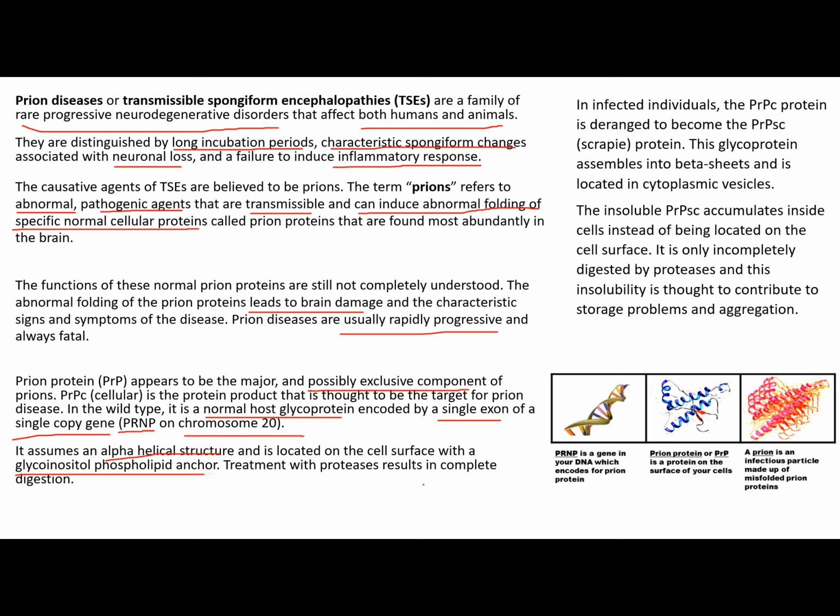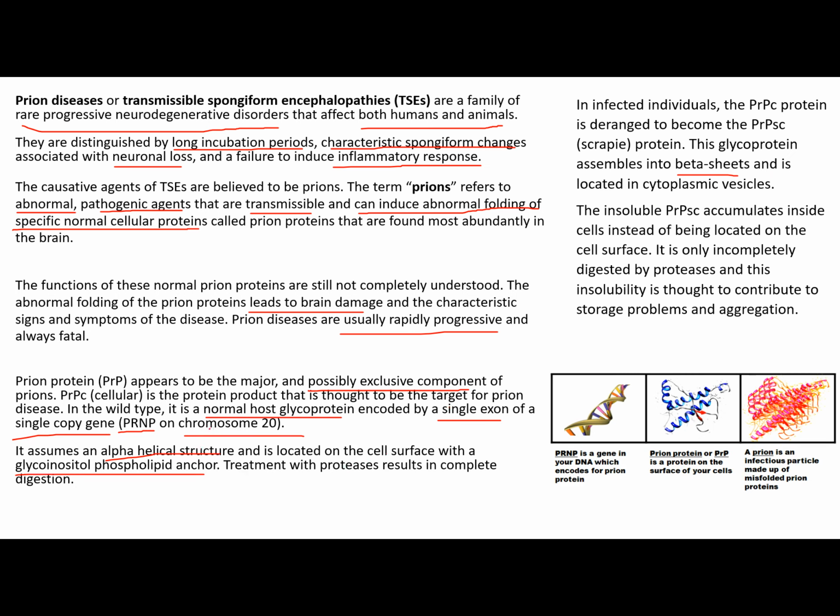Treatment with protease would result in complete digestion. In infected individuals, class, the PrPC protein is deranged to become the PrPSc protein. This glycoprotein assembles into beta sheets and is located in the cytoplasmic vesicle.